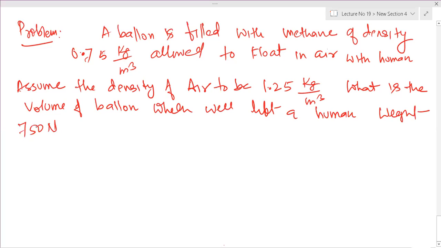Okay, so basically this problem is to design a balloon, means you have to find the volume of the balloon.